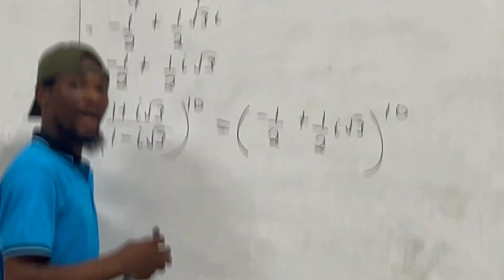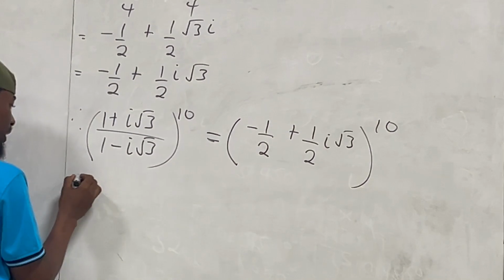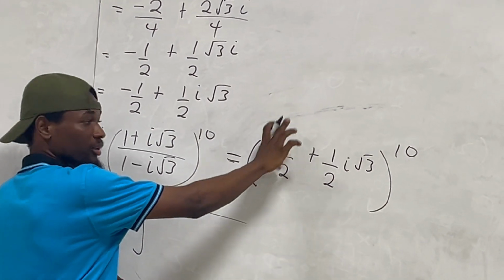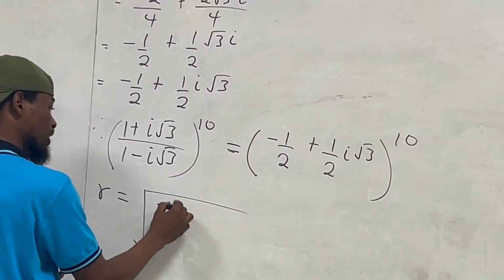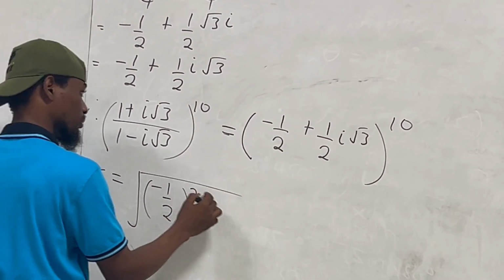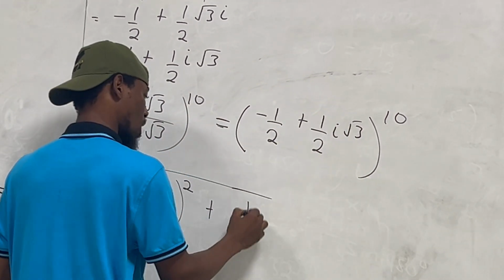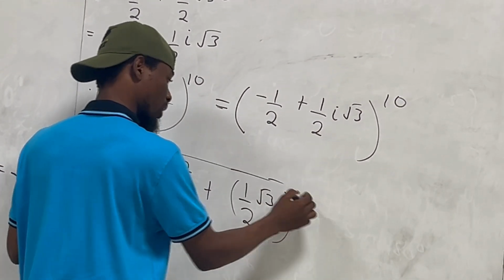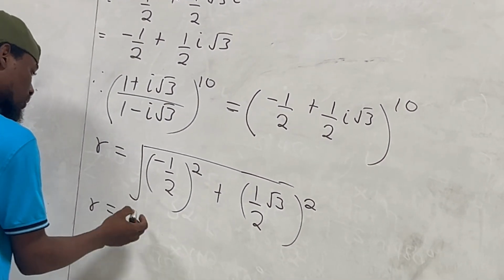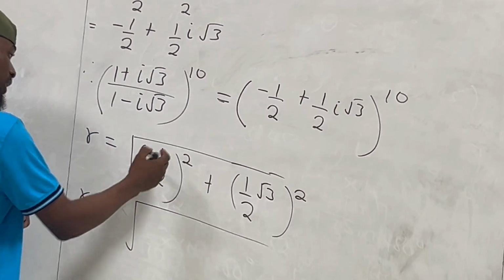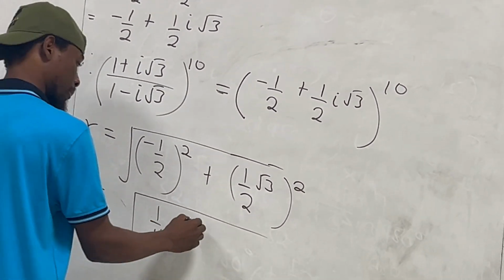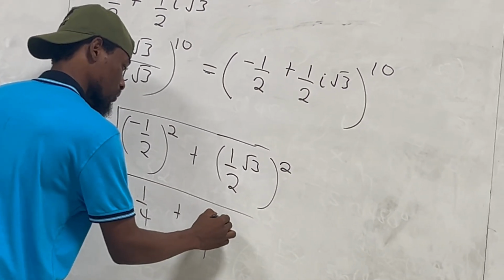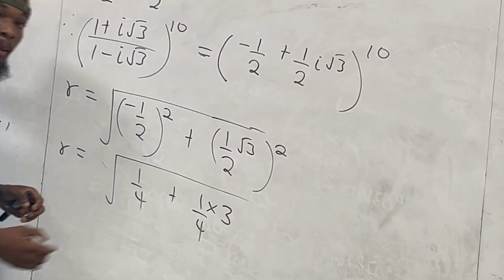Straight away I can look for my modulus r. I can say r is equal to the square root of, you square the real part, then you square the imaginary part. So I have (-1/2) all squared, then plus (1/2 root 3) all squared.